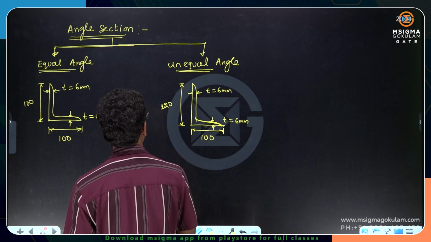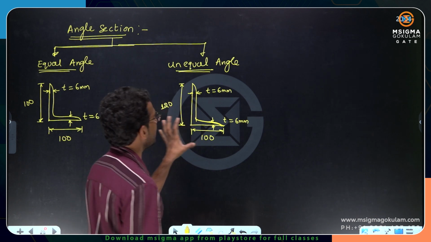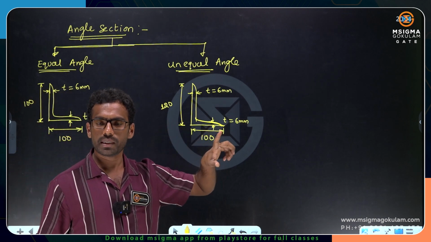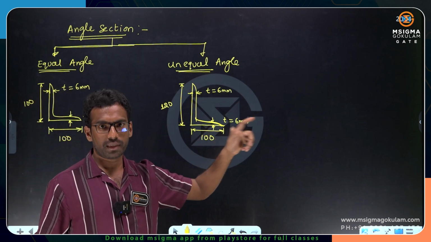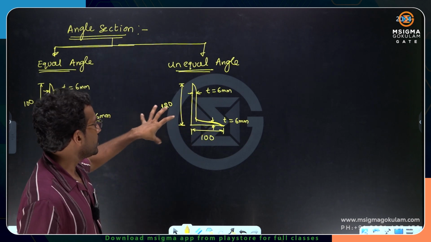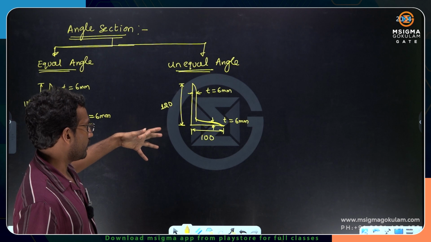This is said to be unequal angle. If leg widths are different, it is unequal angle. If leg widths are same, it is equal angle. These are the 2 types of angle sections we are having.